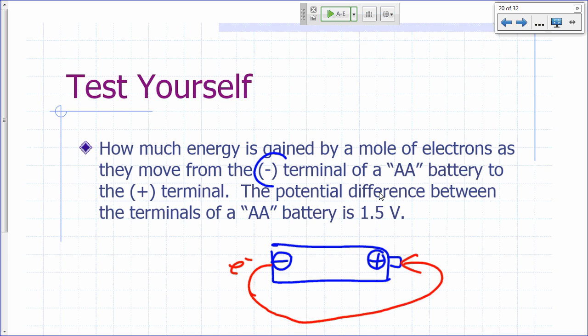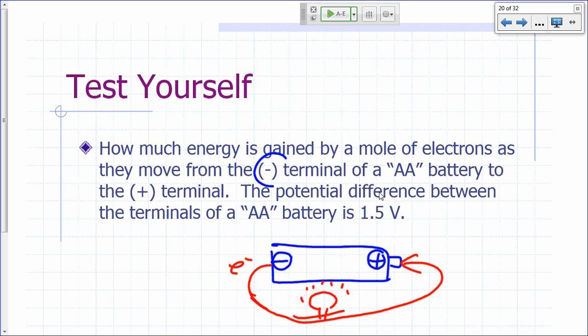So if you hook this up with a wire, what happens? Your battery heats up and explodes. Why? As the electrons travel from the negative to the positive, they gain energy. If you don't dissipate that energy, it becomes heat. So you put a load on your circuit so you can use it to light up a bulb or something. You have to have some resistance. Otherwise, if there's no resistance, you have what's called a short circuit.